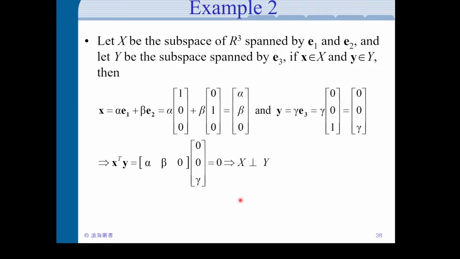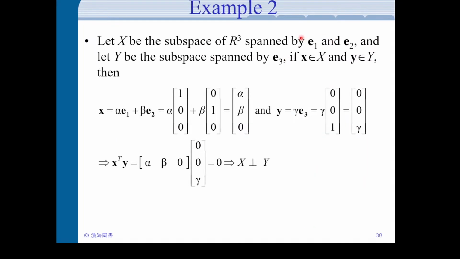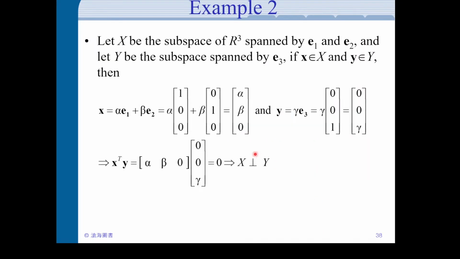Okay, let's see more examples in R3. Now we have the actual orthogonal subspace to this xy plane. If X is the xy plane spanned by E1 and E2, what's a subspace that's orthogonal to X? That's the space spanned by just E3, so just the z-axis. So the subspace that's orthogonal to the xy plane is the z-axis, and we can see the calculation check out here.